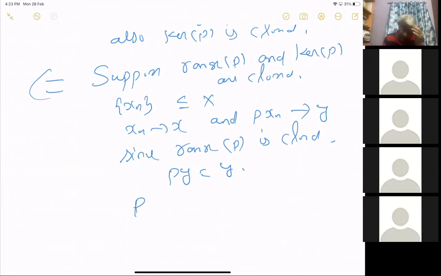So what do we have to prove? We have to prove that Px equal to y. So Pxn converges to Px, right? And we know that Pxn converges to y also. Pxn converges to y, which is equal to Py. We have to prove that y equal to Px, right?